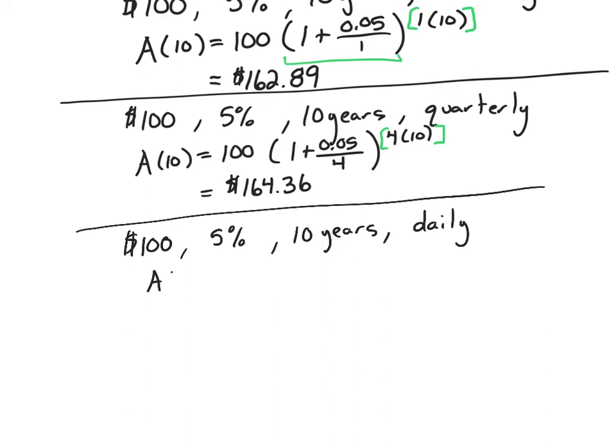So I have the amount after 10 years equals 100 times 100% plus 5% again. This time I'm going to divide that 5% up among all 365 days, to the 365 times 10 power. And again, I'm putting my parentheses around my exponent.